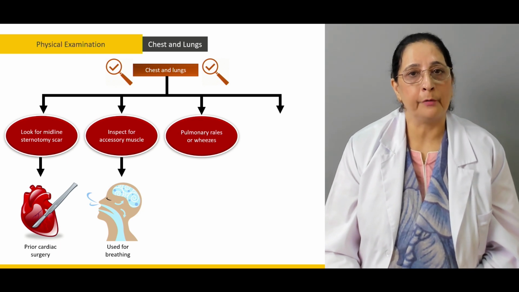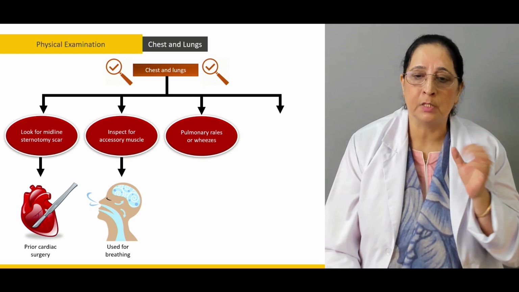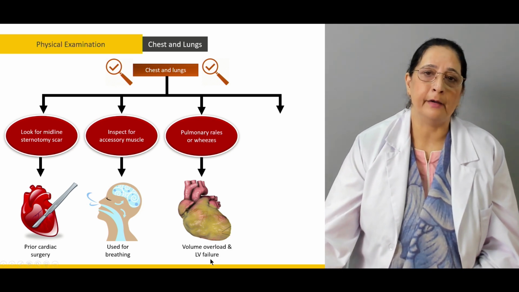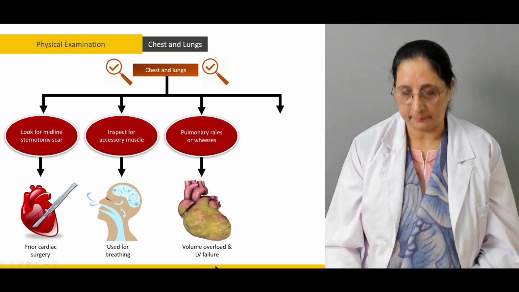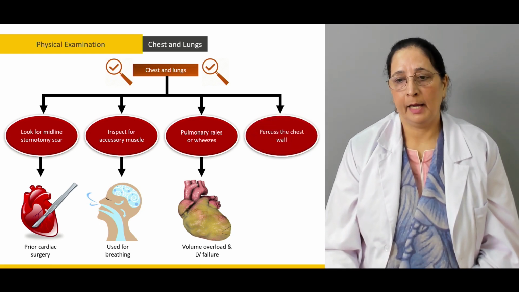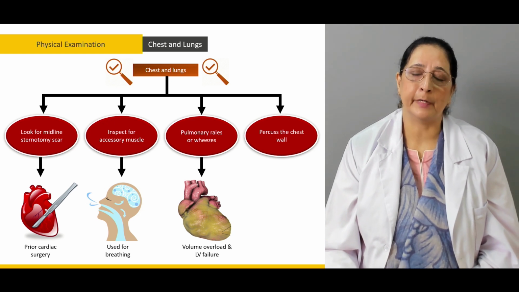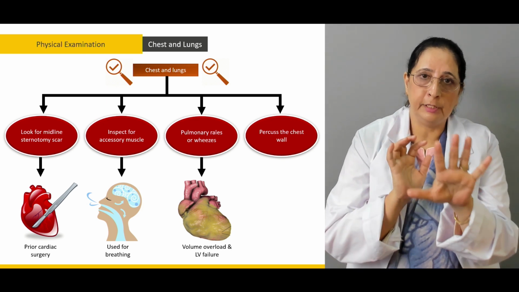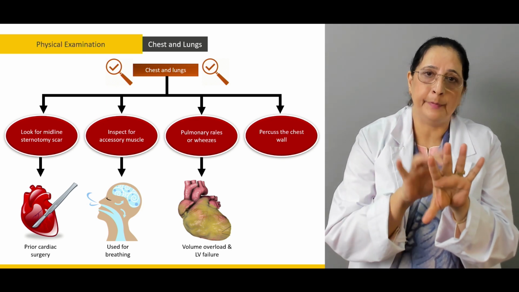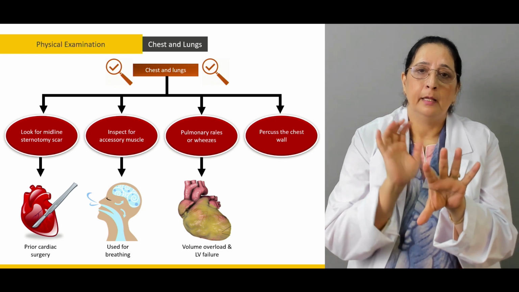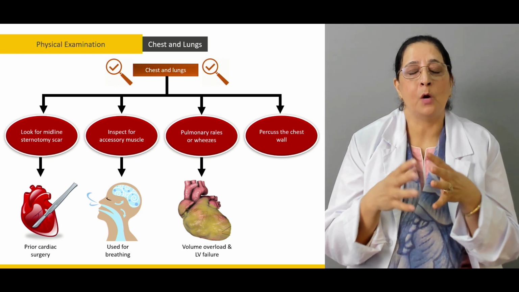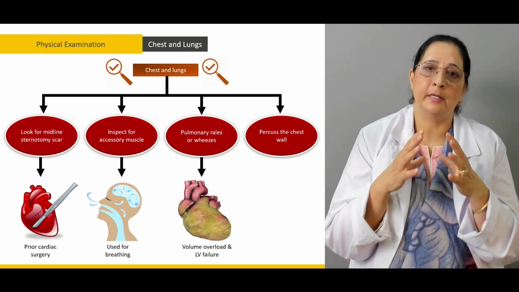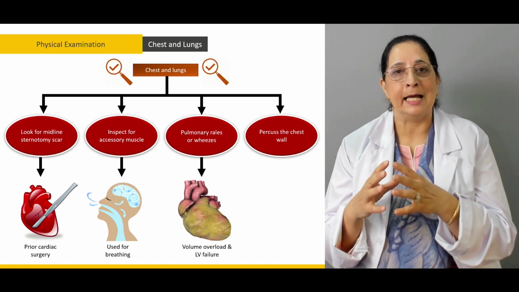Pulmonary rales or wheezing. Listen for the sounds, wheezing, which is due to volume overload and left ventricular failure. And percuss the chest wall. Percussion is when you put the hand on the chest and tap it with the finger, that produces the sound. If there is air in the chest, it produces resonant sound. If there is fluid, it produces dull sound.